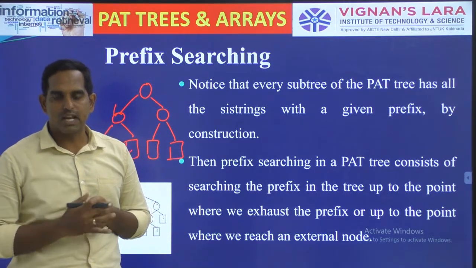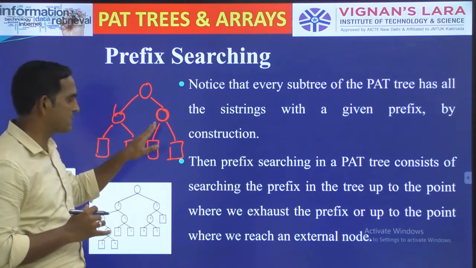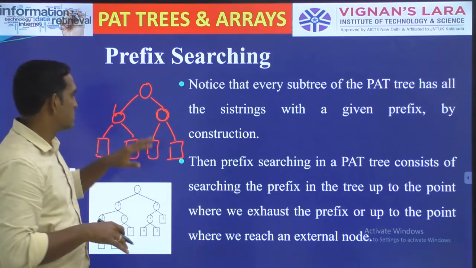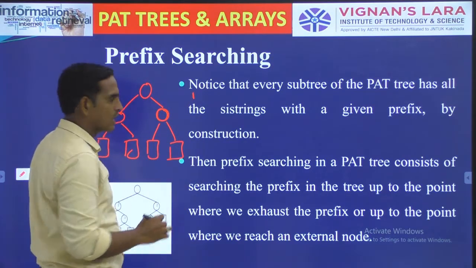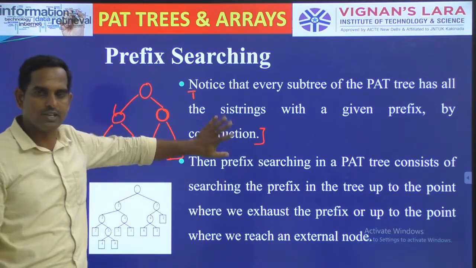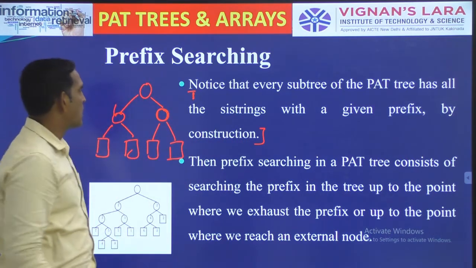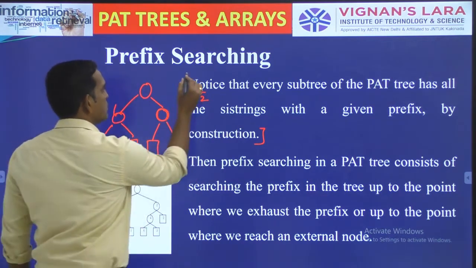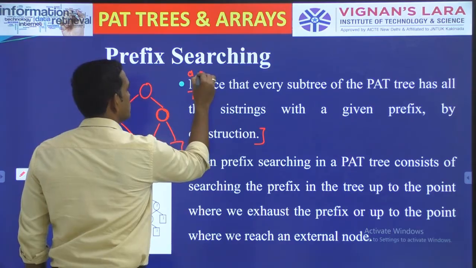So while constructing itself, you can see that each and every subtree will contain all the strings with the particular prefix. If I am trying to search for a particular word, that is, if this is string 1, it starts from this position to this position. This is the complete text you have in your database. And if string 1 starts from this position to this position, and you take string 2, let's take some values like 1, 0, 0, 0, 1.